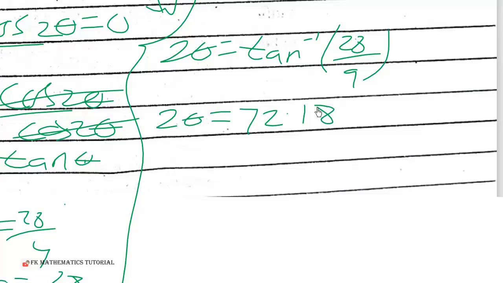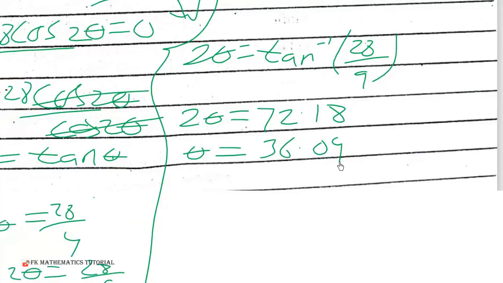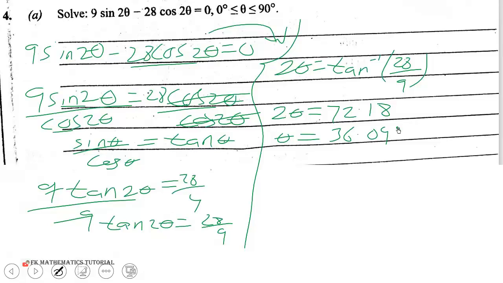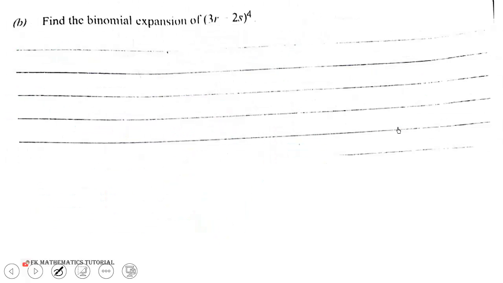Dividing through by 2, theta is equal to 36.09. Since we're in the first quadrant, theta is positive. So this is approximately 36 degrees. I will leave it to 2 decimal places since they don't specify anything. Now let's look at the B part.